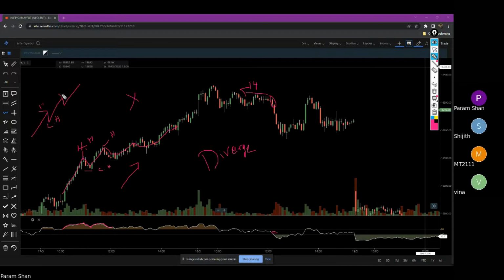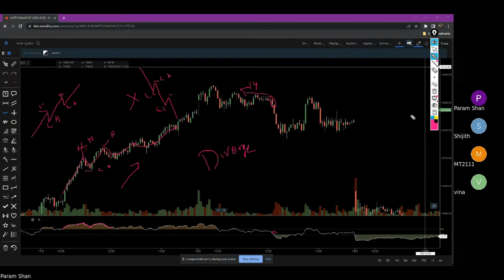Again, this is called higher high. It means price is taking this trend. Again, this is higher high, this is lower high. If the price is on the reverse, then we call it totally opposite: lower high, lower low. Clear?